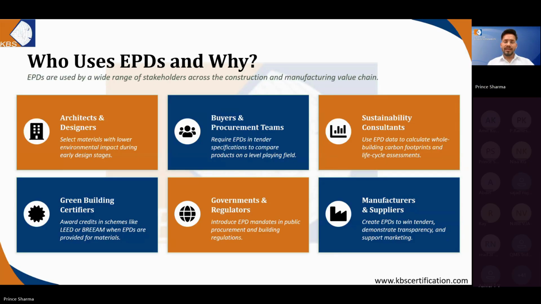So in that case, product teams and buyers will only choose those products which have the minimum environmental impact, right? Then the sustainability consultant also suggests to these procurement teams, architects and designers to include products which have very low environmental impact.